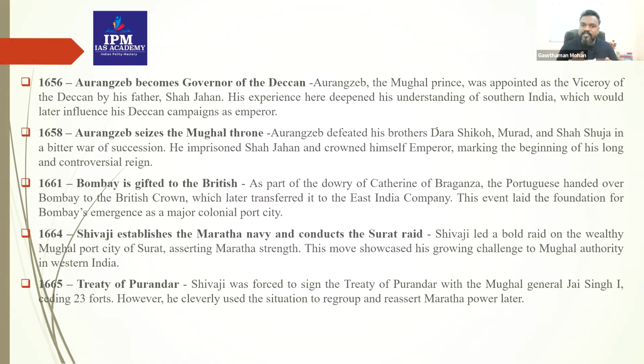No, actually that was a preparation time for him, and he proved to the entire world that the Maratha Empire is really, really supreme. That we will see in the later part. So the Treaty of Purandar happened in the year 1665.